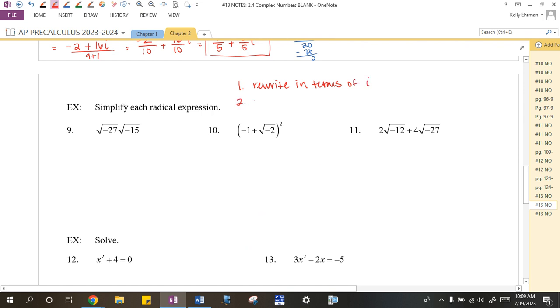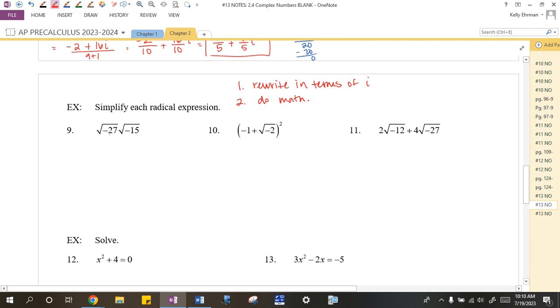And then after that you just do the math. Depending on the problem, it's different, so I'm just going to say do math, meaning like multiply or add or square or whatever. You need to rewrite in terms of i first, because if you don't, you might have a positive answer where your answer should be negative or something like that.